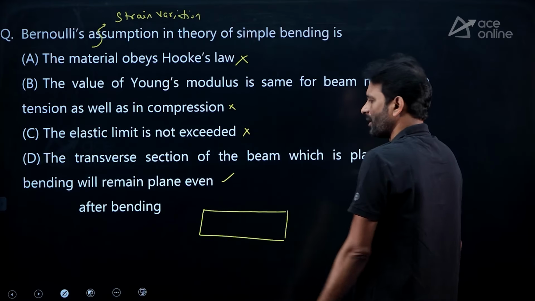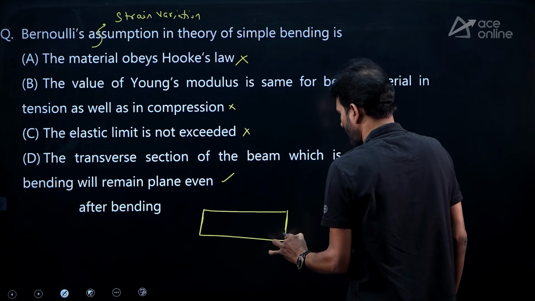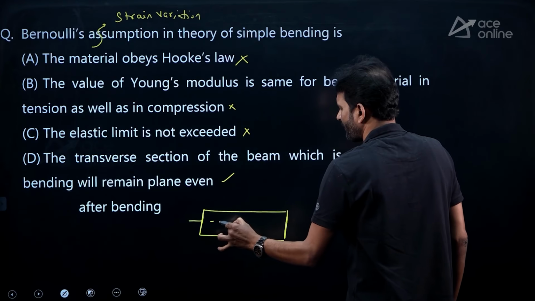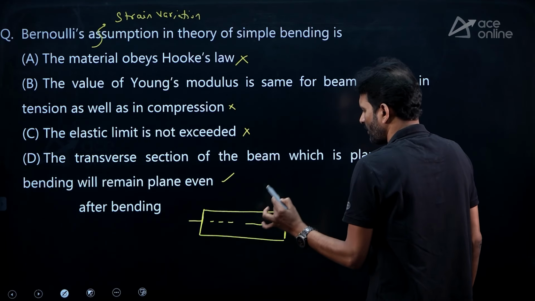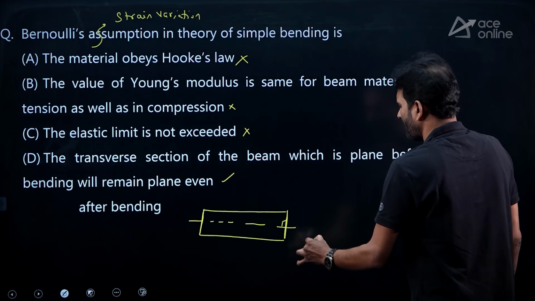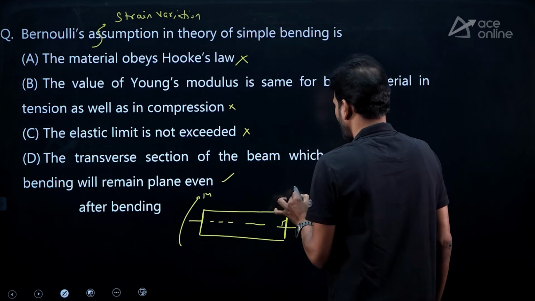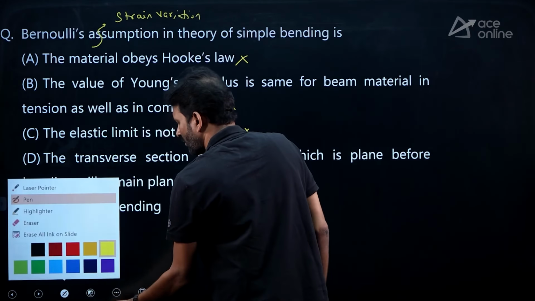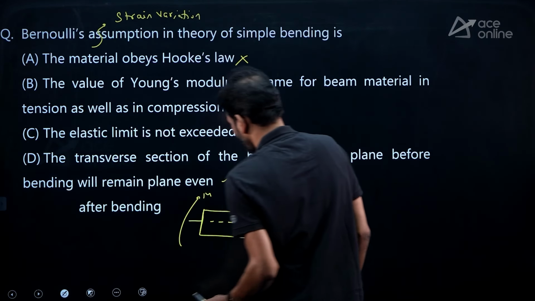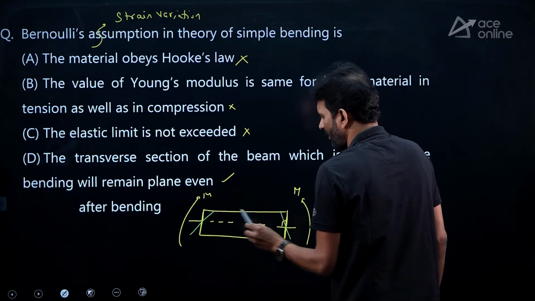So Euler-Bernoulli's assumption is related to the strain variation, something like this. For example, these are the cross-sectional planes which have a plane surface and are 90 degrees to the axis of the beam. Before loading, once I apply the bending load, you do not find any distortion in the cross-sectional planes because pure bending causes only dimensional changes.